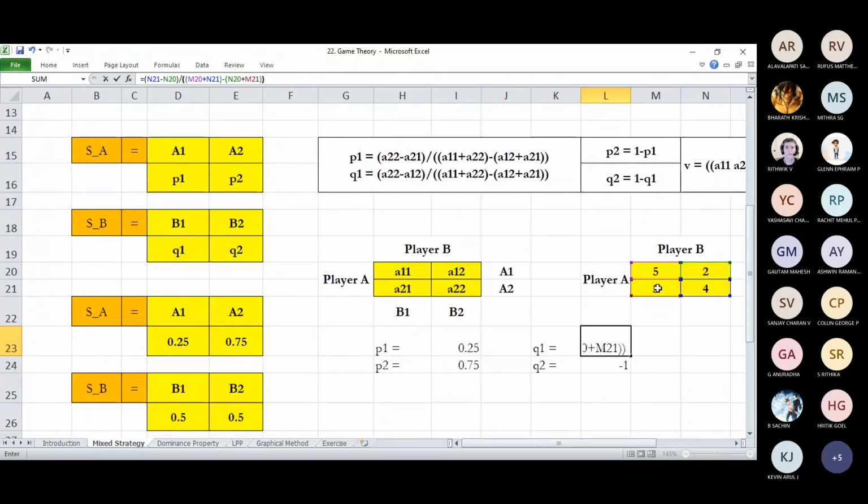You can see the denominator is common for both, and the probability is 0.5. So 1 minus 0.5 is 0.5. So that's why we got Q1 and Q2.